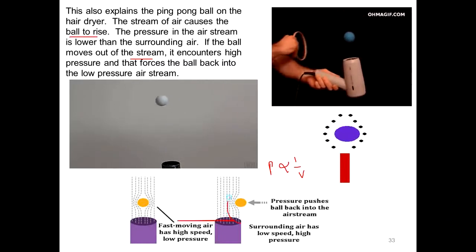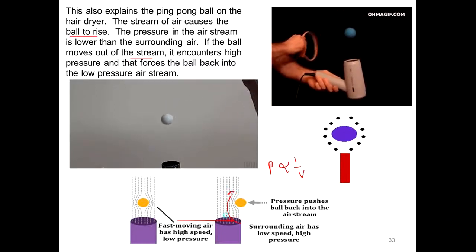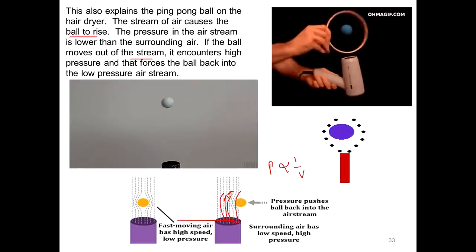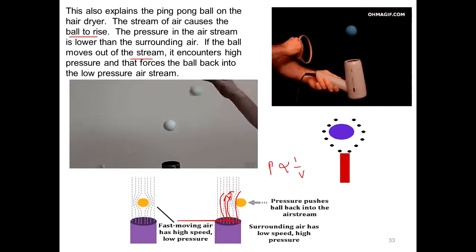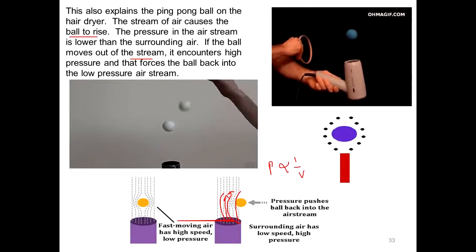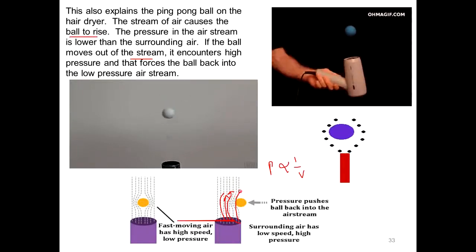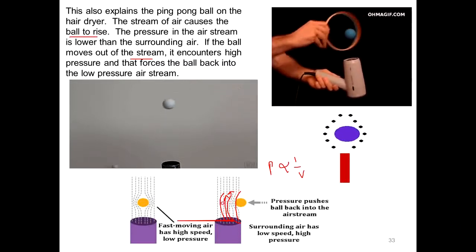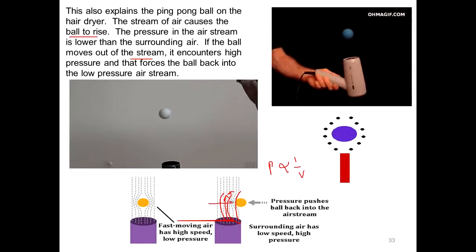Suddenly the air particles will be moving on this side, but it will create a longer path for the air particles to move. Hence obviously they will have a very high velocity. Okay, so as I said, wherever the velocity is high, the pressure is low. This is the region of low pressure.